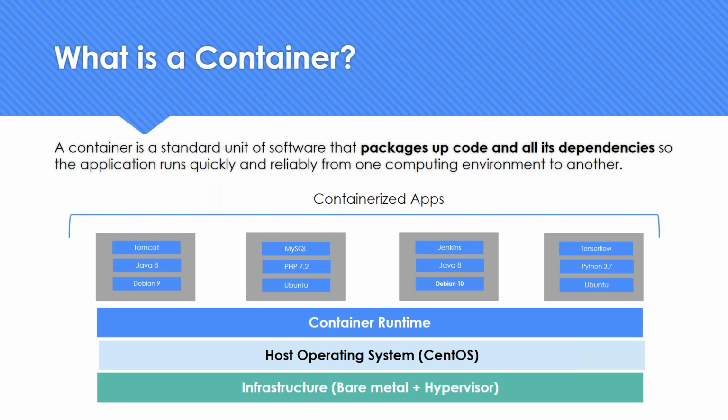And one small catch here: whenever you say it can run in any environment, there's a small asterisk on top of it. Conditions apply. What does that mean? If you containerize something in Linux, you can run it in any Linux distribution. This containerization concept was there in Linux for a long time, as I mentioned, but in Windows this concept was not there.